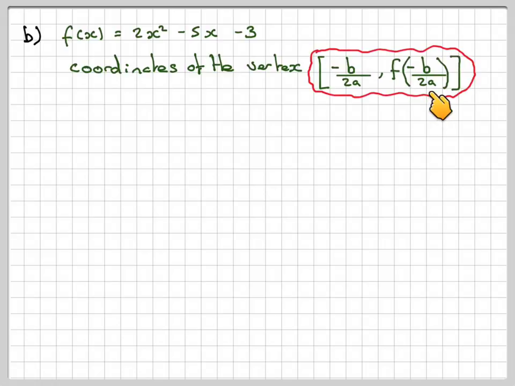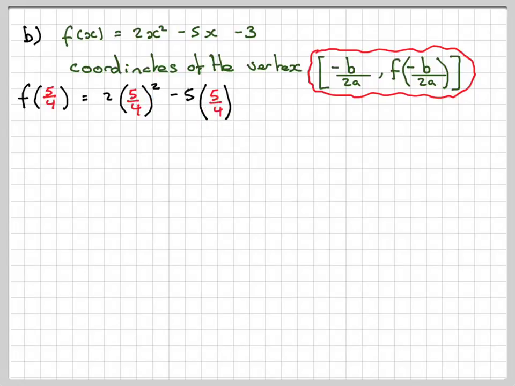And then what we do is we take 5 over 4 and we put it in here instead of x to find the y coordinate. So f of 5 over 4 means everywhere there's an x, we replace it with 5 over 4. So it's going to be equal to 2 times 5 over 4 squared minus 5 times 5 over 4 minus 3.